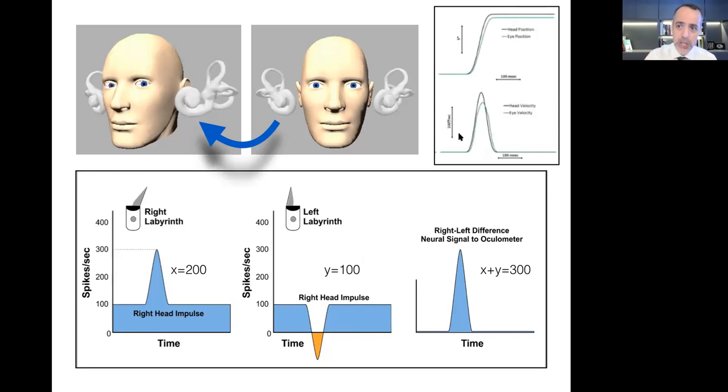That's the reason that when you do a very fast impulse, your VOR gain may not be one, maybe like 0.8 or 0.9. The reason for that is the head velocity. When you do a very fast impulse, your VOR gain drops a little bit because the inhibitory side just comes to zero and cannot go below zero. So the information is a little bit asymmetric, and this is the reason that the VOR gain is not one. Most systems, I mean Interacoustics and Natus, use normal parameters for VOR gain from 0.8 to 1.